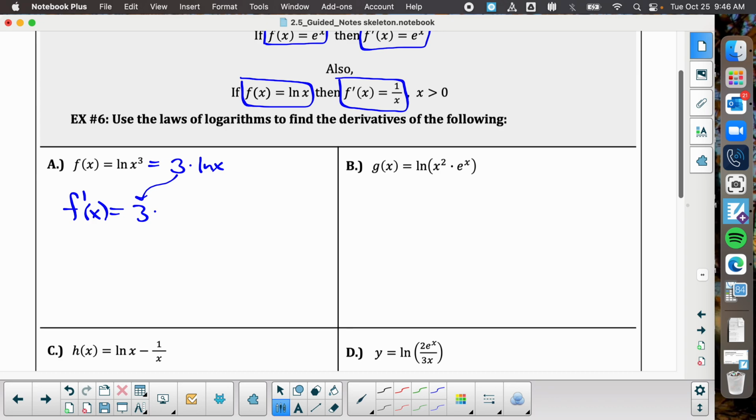And then I need to do the derivative of ln of x, which is 1 over x. So then that would be the derivative. By far the hardest part of today's is going to be remembering all the natural log properties. So that's why I kind of figured we would go through a bunch together.